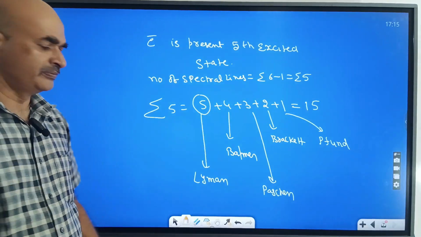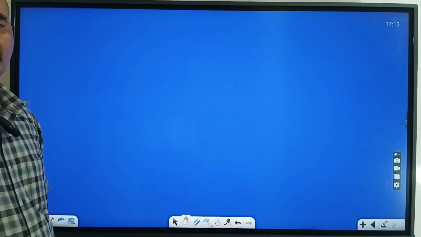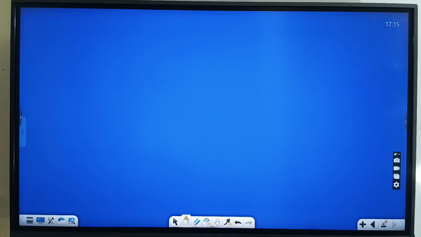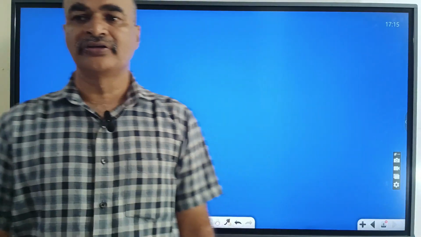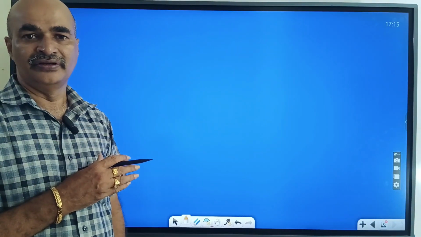In a hydrogen sample, all electrons are in the fifth excited state.